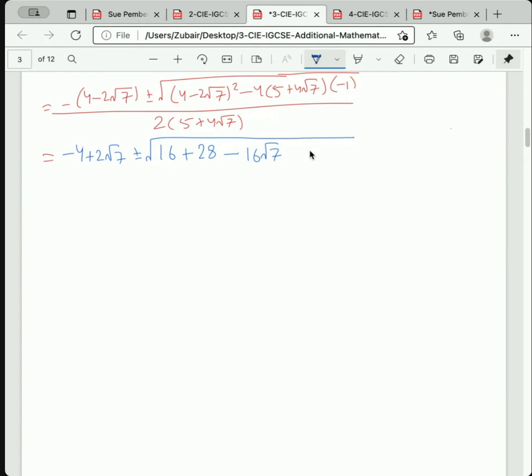This is plus. So 4 5s are 20 and 4 4s are 16 square root 7. Denominator as it is.